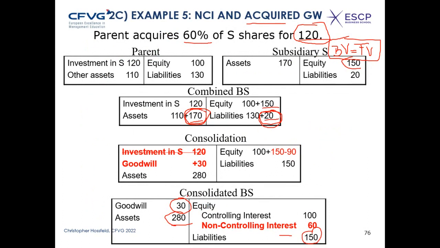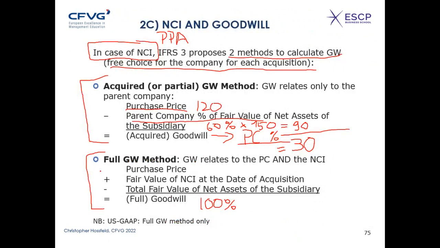In order to have complete coherence, I would need a goodwill that is also based on 100%. Then everything is based on 100%, and then we are coherent. That's why they introduced the full goodwill method, because with the full goodwill method, we calculate the goodwill that relates to 100% of the subsidiary, not just to the percentage held by the parent company.